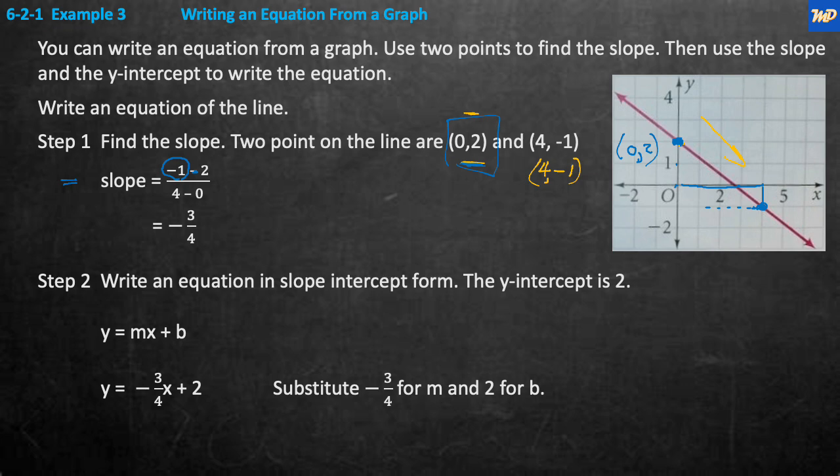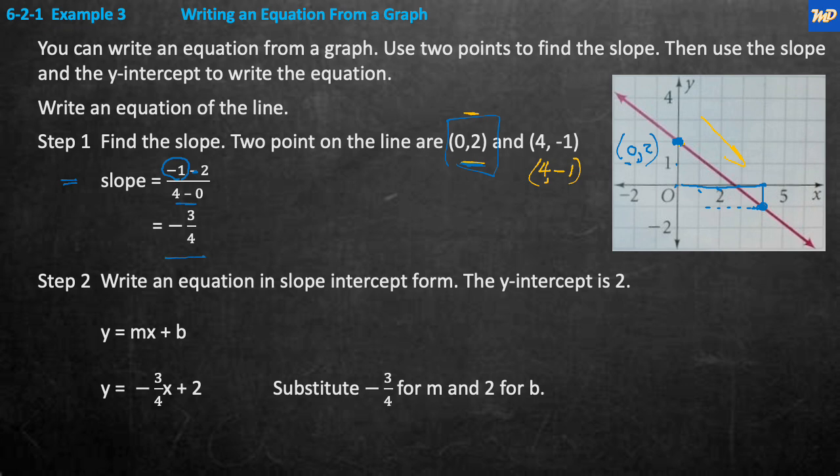So it's minus 1 minus 2, divided by the ending position for x, which is 4, minus the starting position, which was 0. So 4 minus 0. When we simplify this, minus 1 minus 2 is negative 3, divided by 4 minus 0, which is 4. So the slope is negative 3/4.